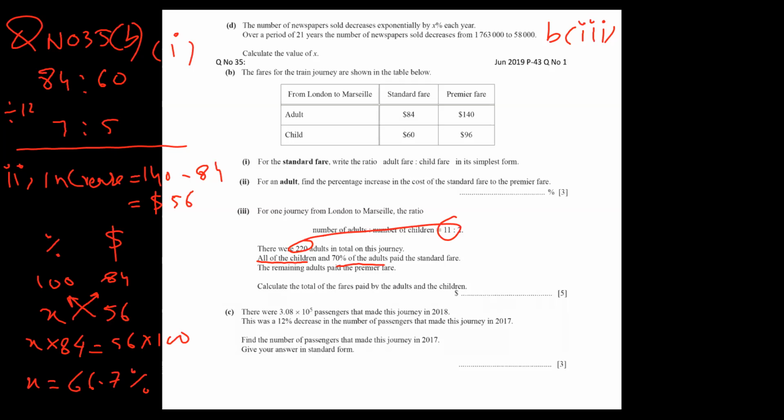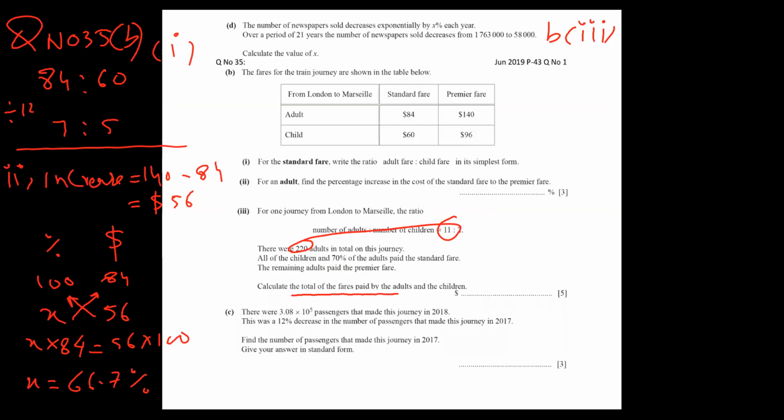So all the children pay the standard fare, number one, and 70% of the adults, not all adults. The word 'and' here is interesting. Some adults pay standard and some pay premier. The remaining adults pay the premier. I think the idea is very clear.